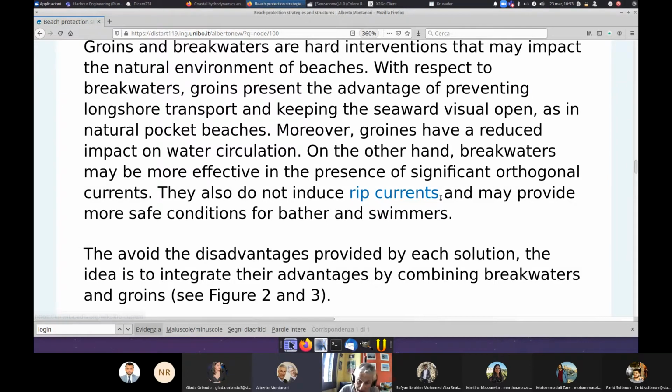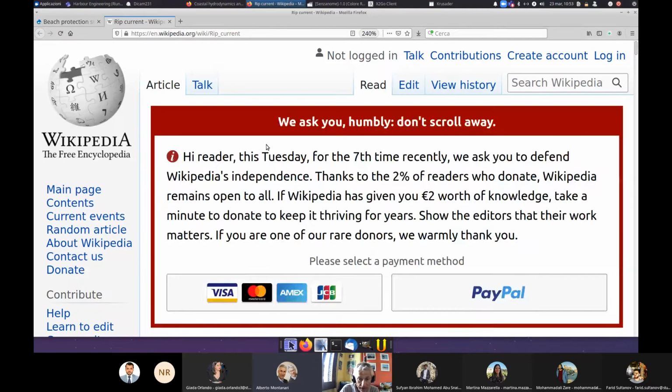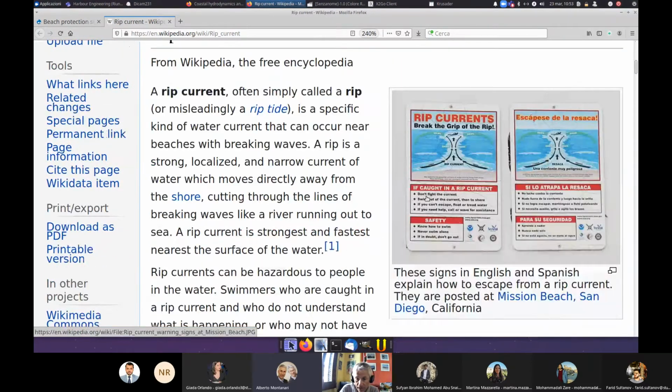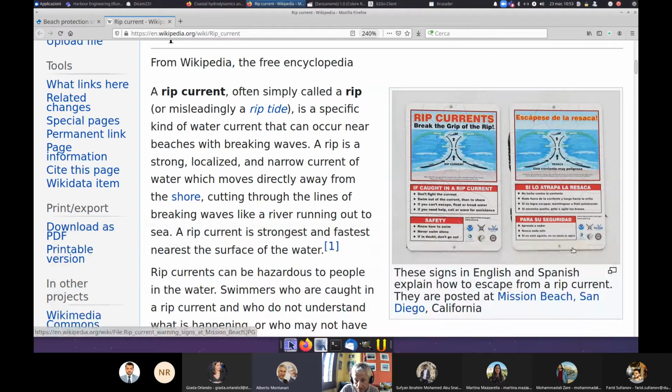These are risky conditions originated by rip currents. Here there is a Wikipedia page, and you see an alert placed on a beach to explain what rip currents are.